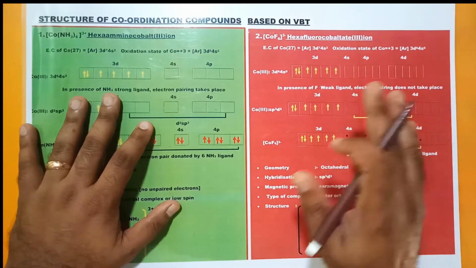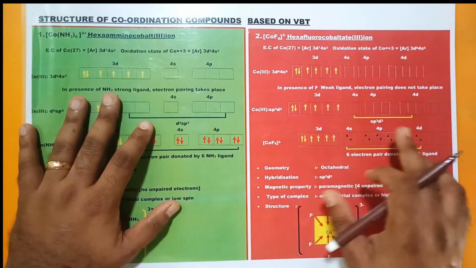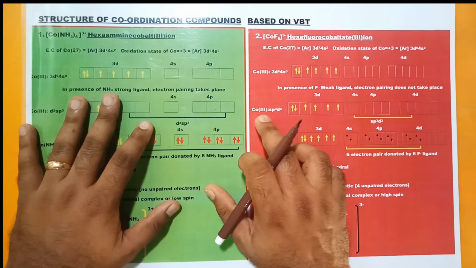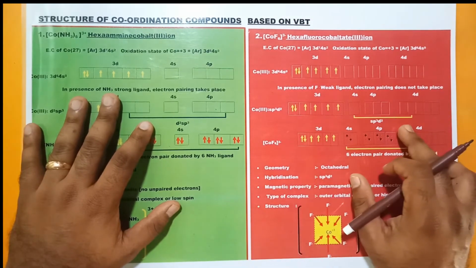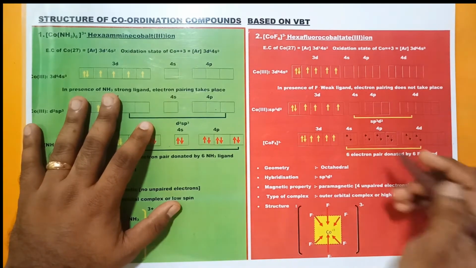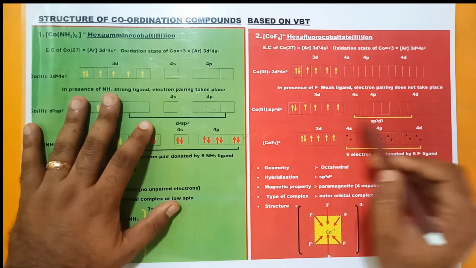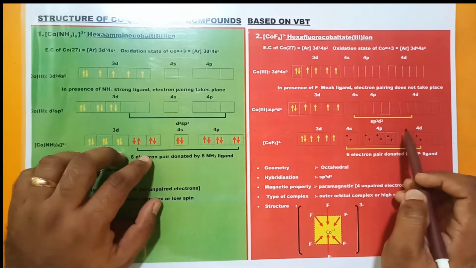No electron pairing takes place. So here, cobalt present in the +3 oxidation state undergoes sp3d2 hybridization. Why is it sp3d2? This cobalt utilizes the outer d orbitals for the hybridization.